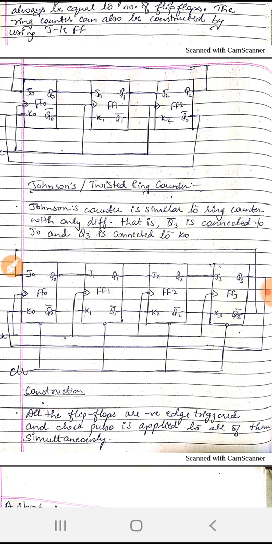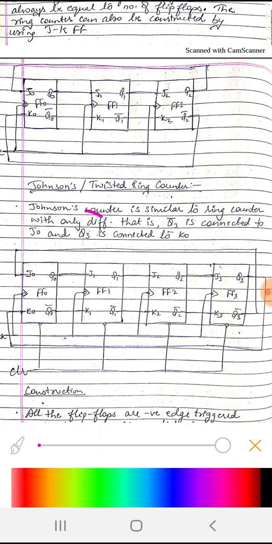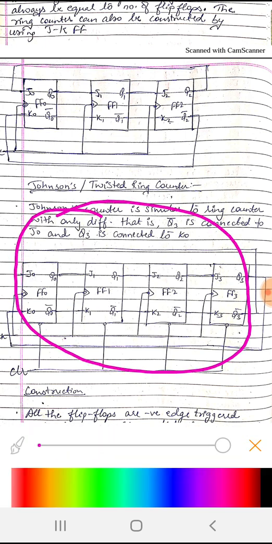It will consist of 4 flip-flops in this format as I have drawn here. 4 flip-flops are connected in this pattern. So this is the twisted ring counter.